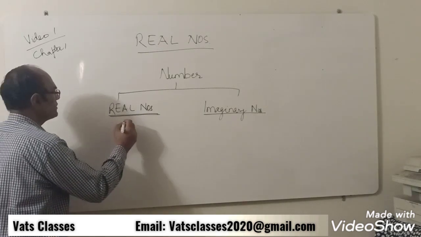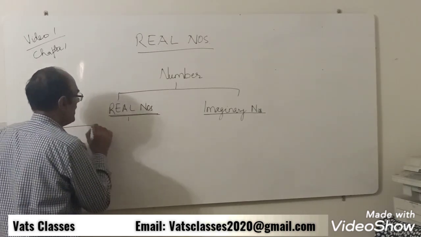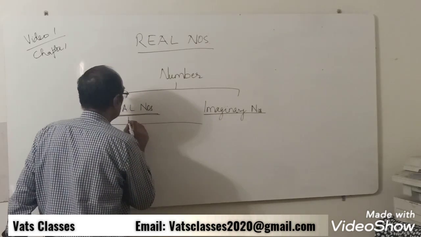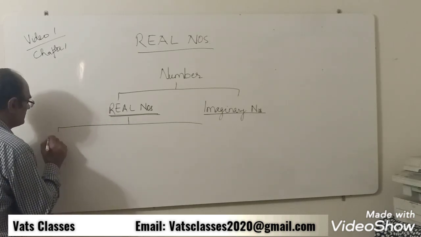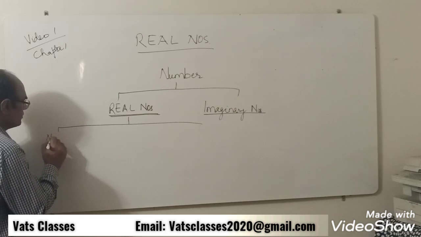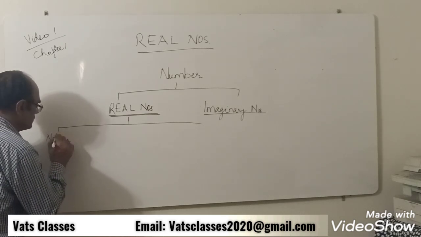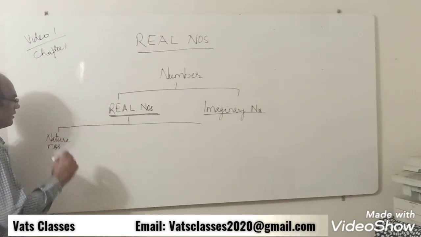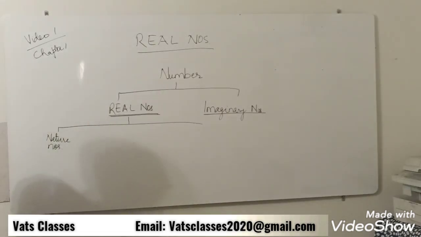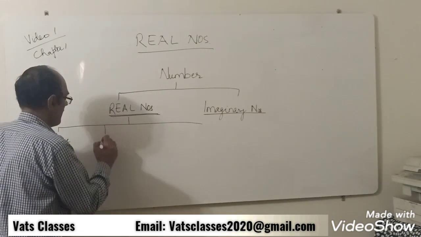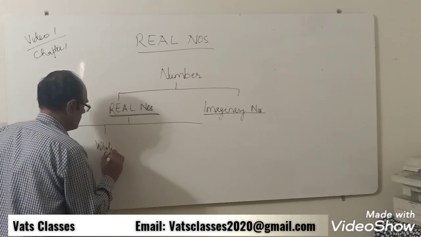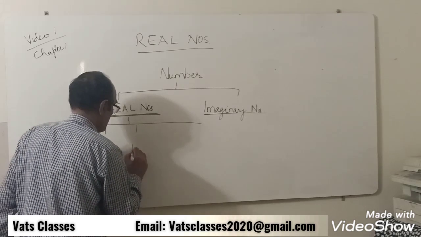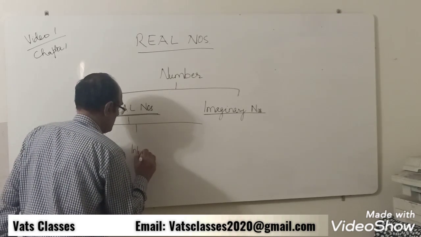So real numbers are again divided into a number of branches. Most common to us: natural numbers, whole numbers, integers.